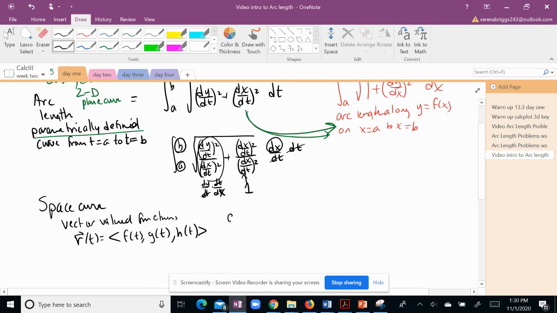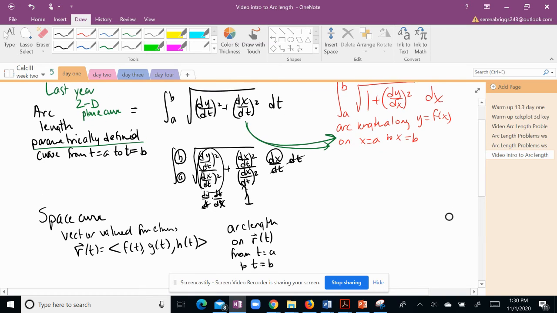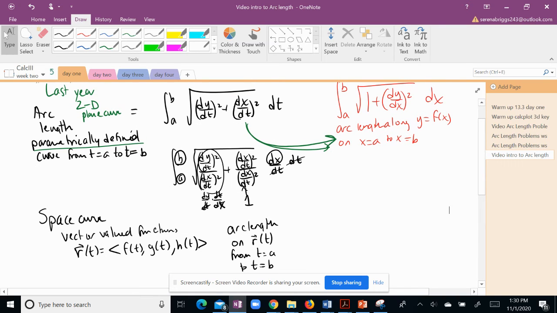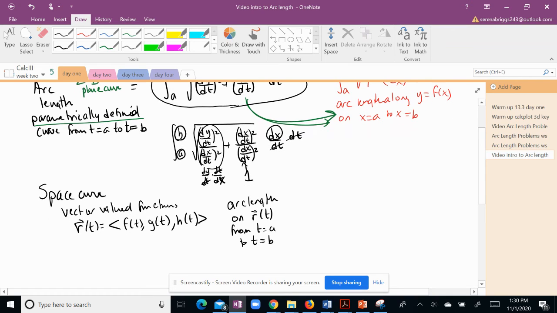Well, if we want to find the arc length on that vector valued function, r of t, from t equal a to t equal b, I don't think it's hard or earth-shattering for anybody to know that you're just going to need to have 3 dimensions in here, right?